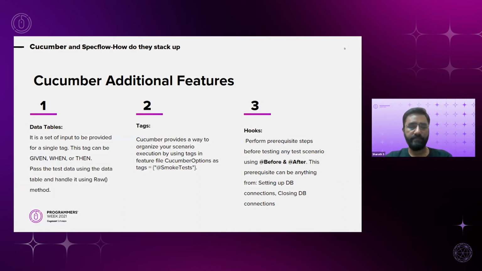So it's not like one set of data, there are multiple sets of data involved here. So if we want to register with multiple sets of data, like A, B, C wants to register with all the sets of conditions, that can be achieved with the help of this data table.